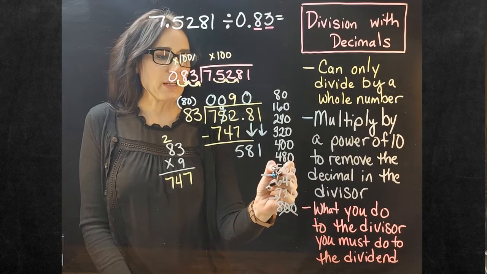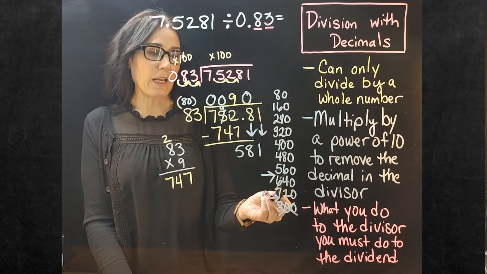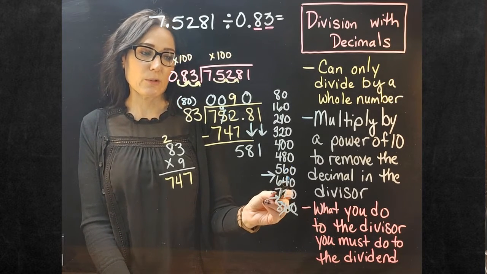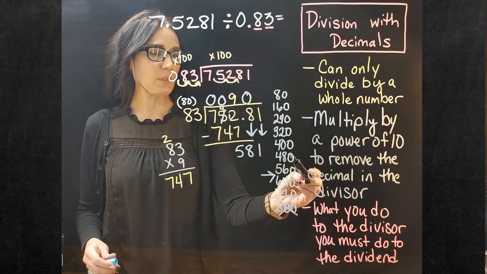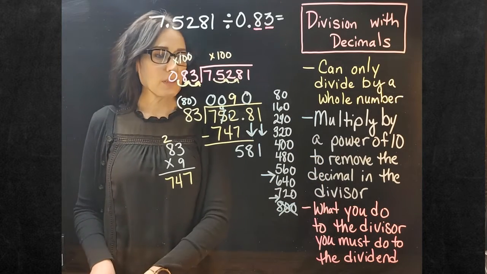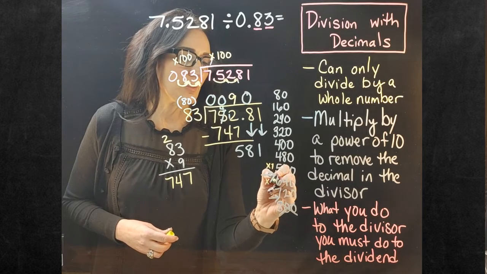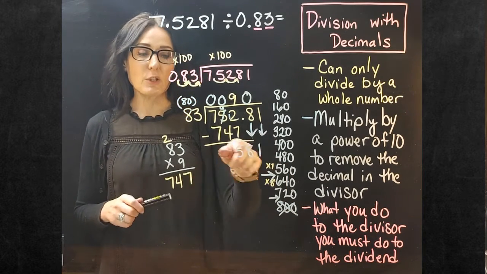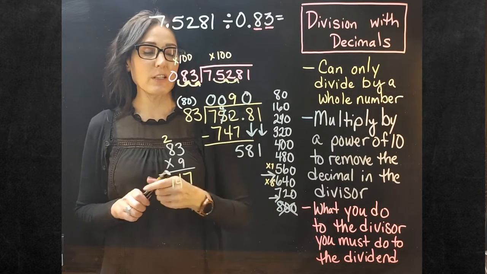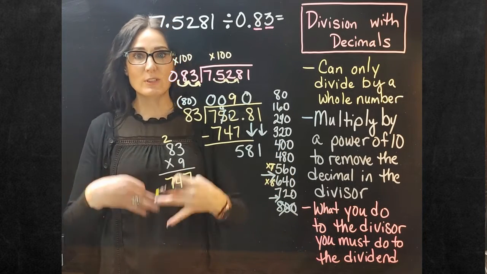So I am going to decide, am I going to use 560 or 640? Times 1, times 2, times 3, times 4, times 5, times 6, times 7. This is going to be times 7, and this is going to be times 8. Since 560 is closer to 581, I'm going to try the 7. I usually go with whichever one's closer, and if that doesn't work, then I'll use the other one.